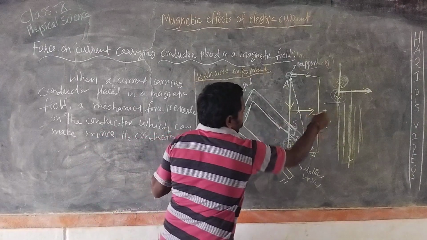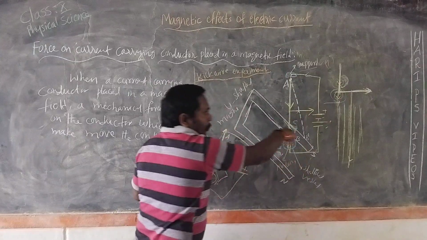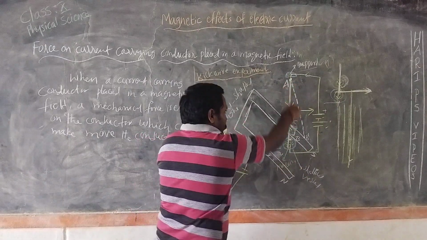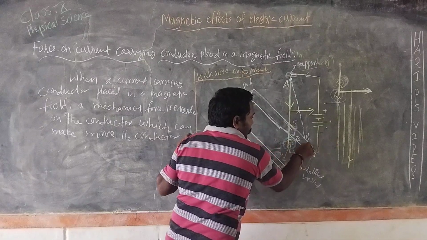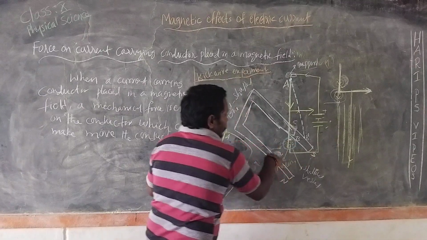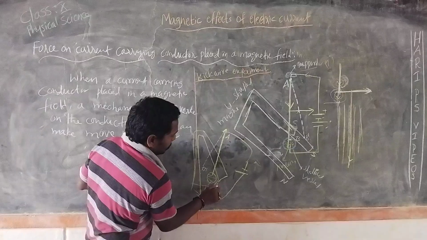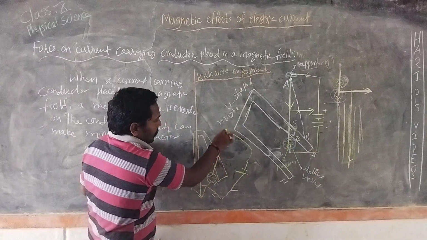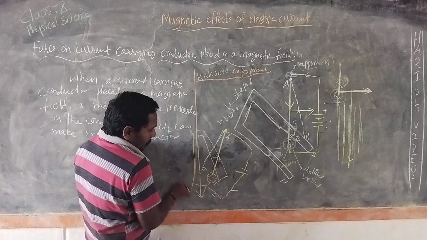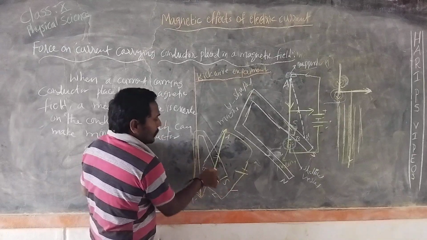So if the direction of current is vertically down, the wire moves towards the south pole of the U-shaped magnet. If the current direction is top to bottom, from B to A, then the wire moves towards the north.